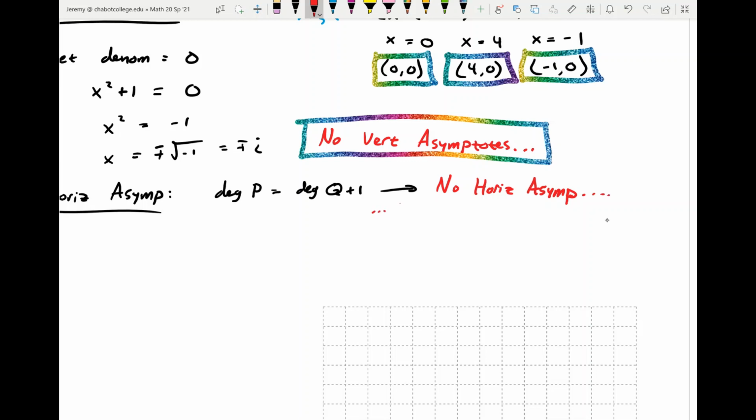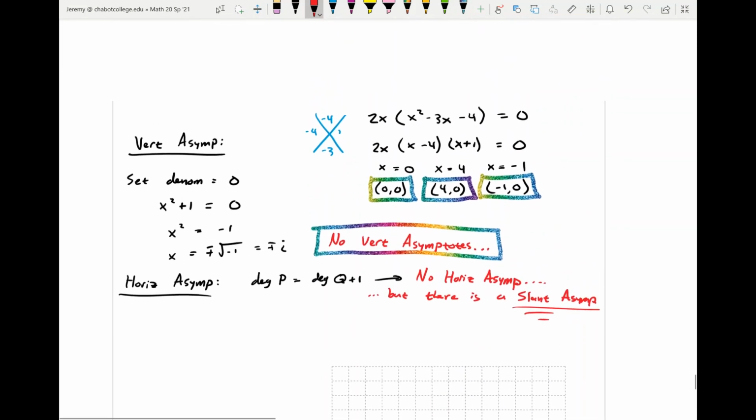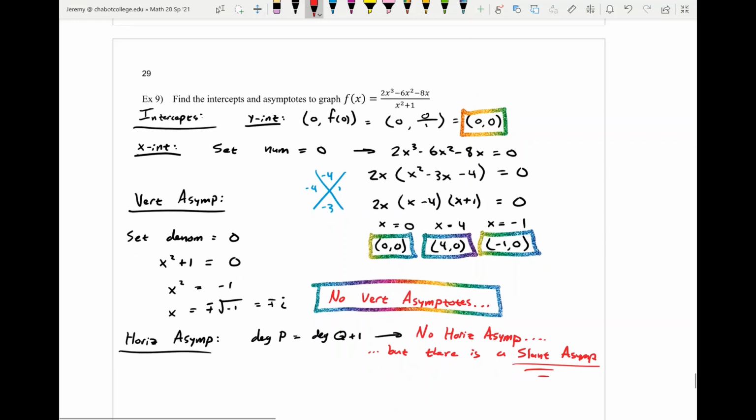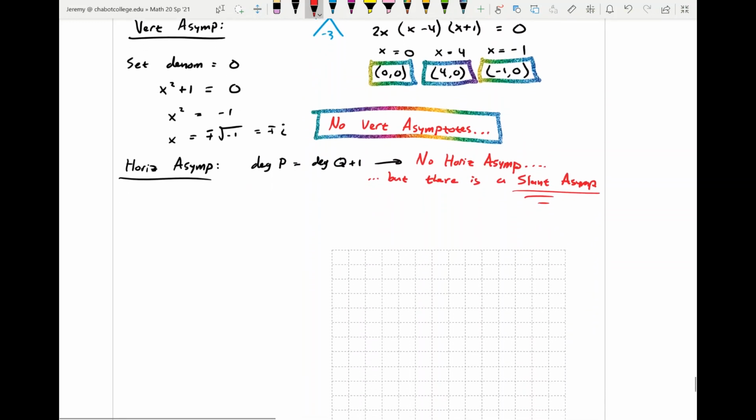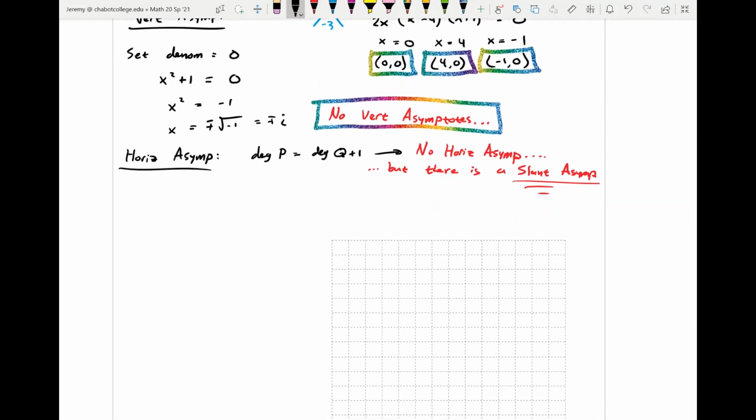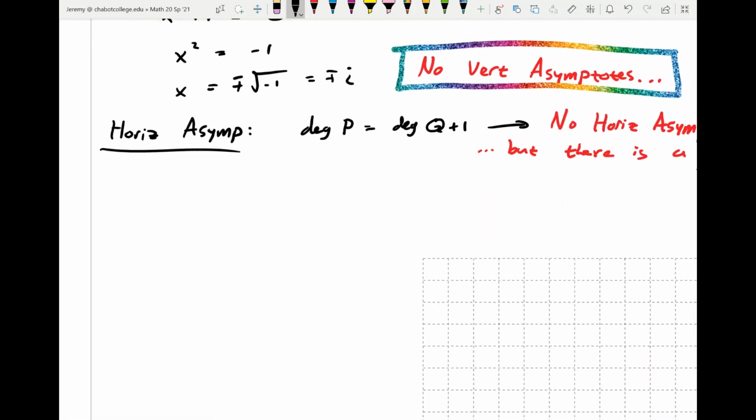But there is a slant asymptote. So we're going to do a little polynomial long division here. I think I've got a nice little space right here to do it. So we want to divide by x squared plus 0x plus 1.